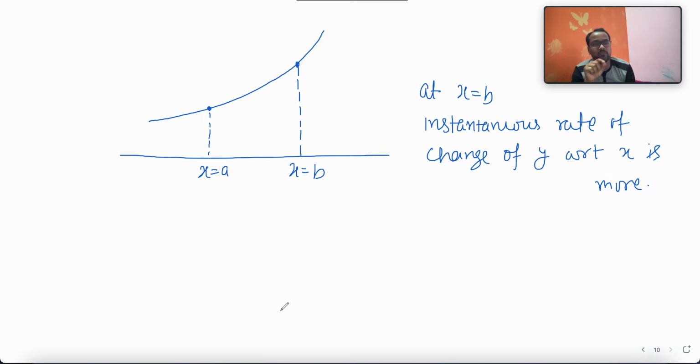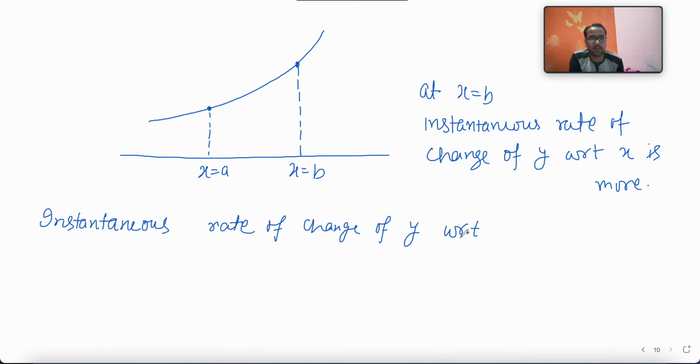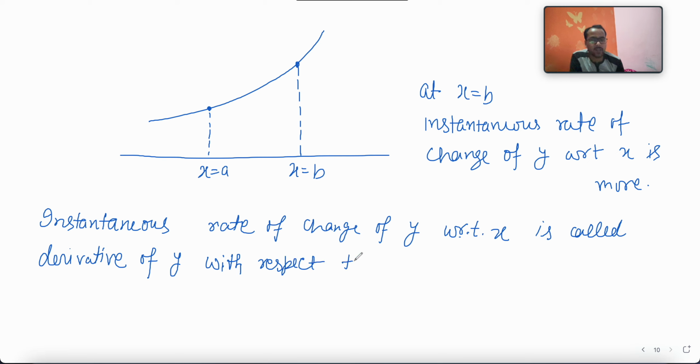This instantaneous rate of change of y with respect to x is called the derivative of y with respect to x. Why are we saying with respect to x?